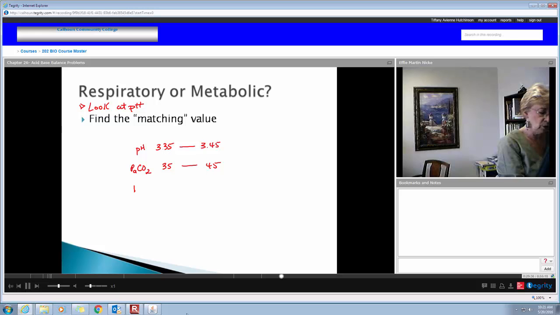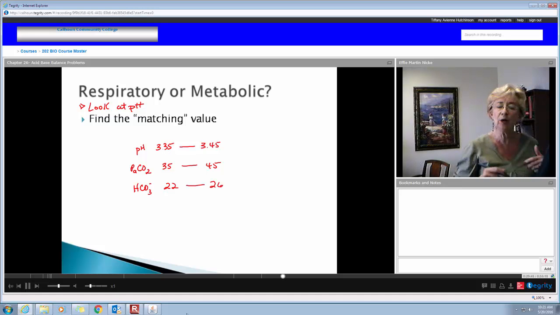And your bicarb ion, HCO3, is 22 to 26. Now, I'm not putting your units in there, but that's always very important. Don't forget, whenever you're looking at values, you need to put the units with them. So this is just to try to get you to see where we're going with this.